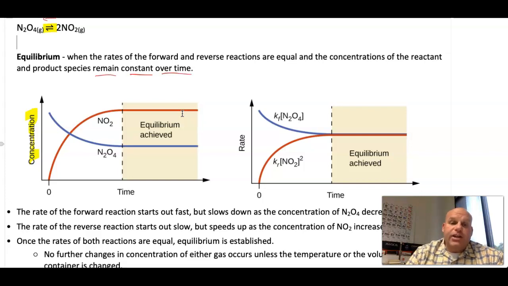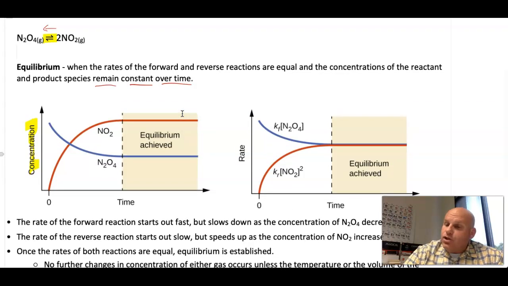So they stop changing. You can see that depicted in this first graph. As I look back up at my reaction at the top, N2O4 yields 2NO2.